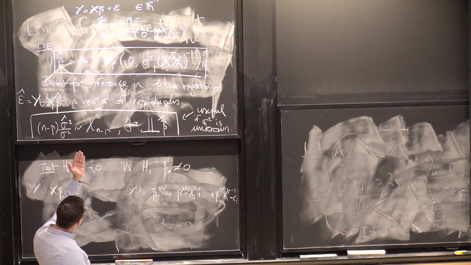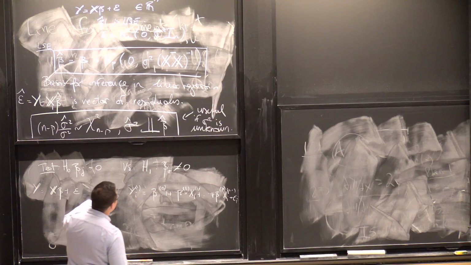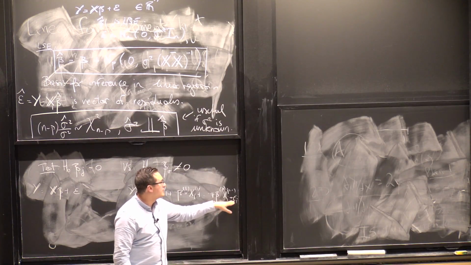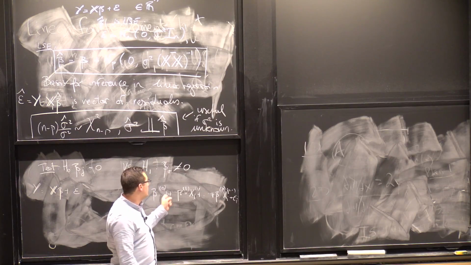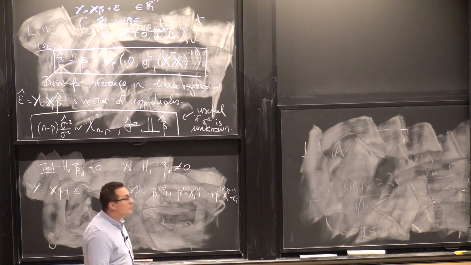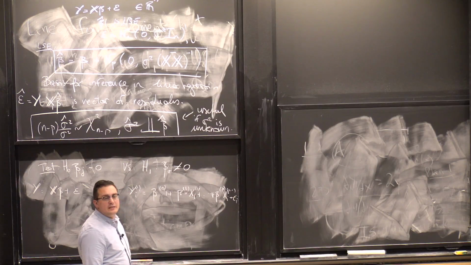When I write y is equal to x beta plus epsilon, I assume that each of my y's can be represented as a linear combination of the x's, the first one being 1, plus some epsilon i. Everybody agrees with this? What does it mean for beta j to be equal to 0?